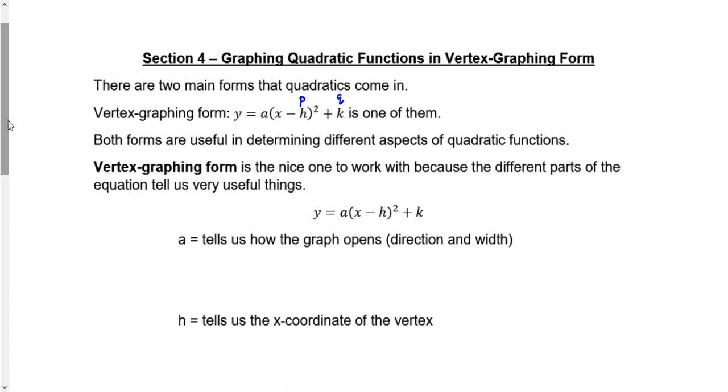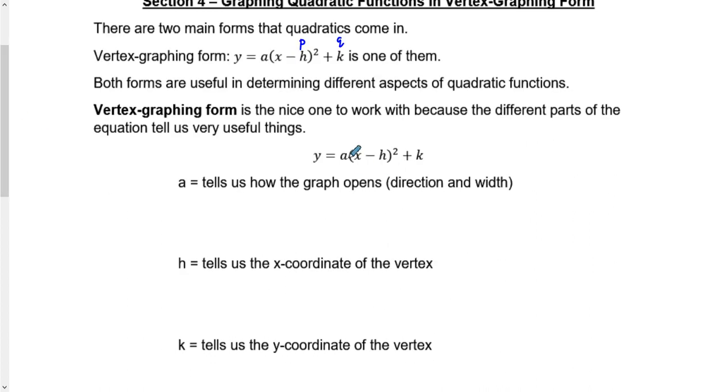The Vertex-Graphing form is a really nice one to work with because each part tells you some very useful things. The a value tells us how the graph opens. It also tells you the direction and the width. For example, if the a value is greater than 1, it means it's going to be opening up.